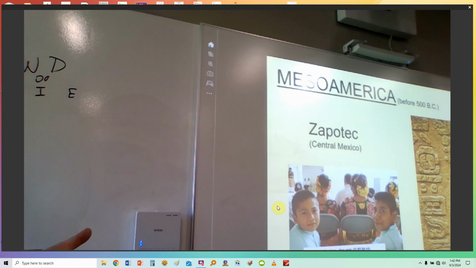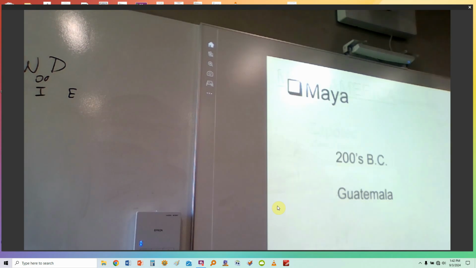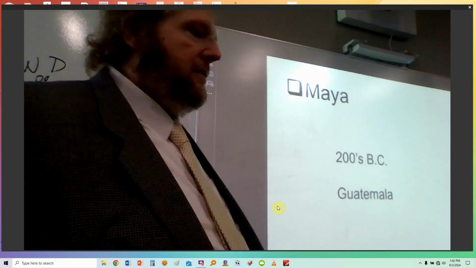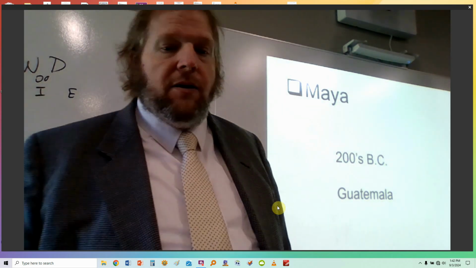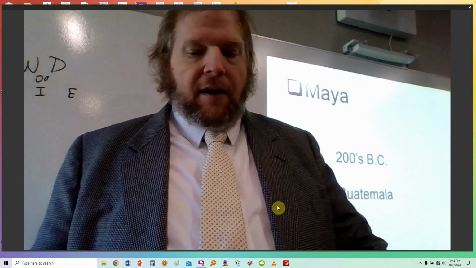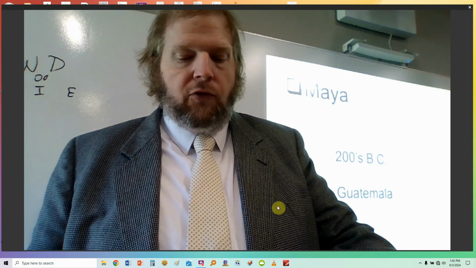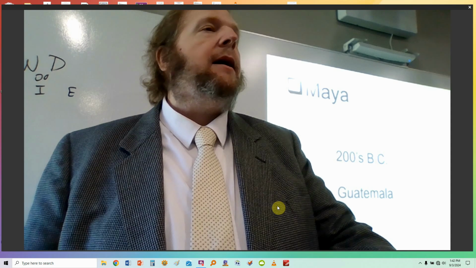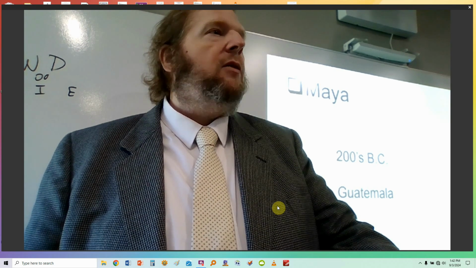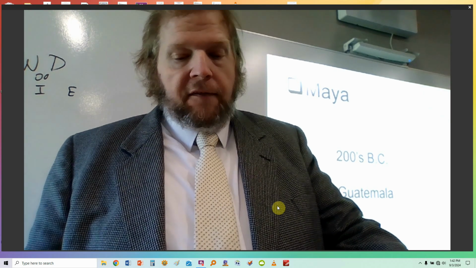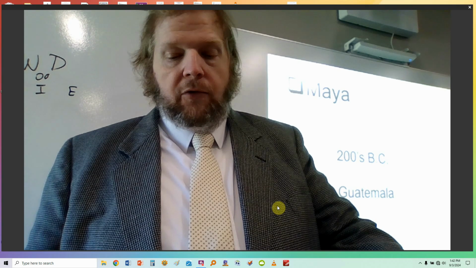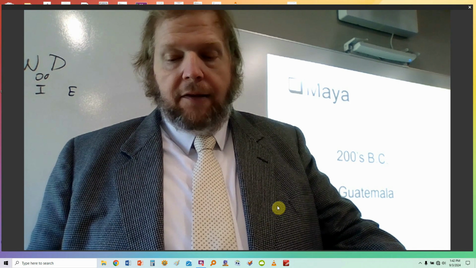So there they are. The Zapotec are still around. They're not dead. Okay? But a true writing system, because we can interpret it and we know it's clearly a writing system, does not develop, at least provably develop, until the 200s BC amongst the Maya, who are in southern Mexico and in Guatemala. And it's the only Native American writing system to have been deciphered, which took decades.